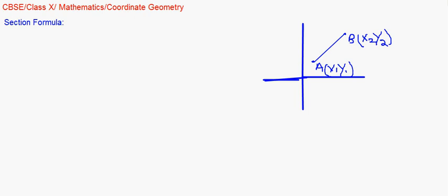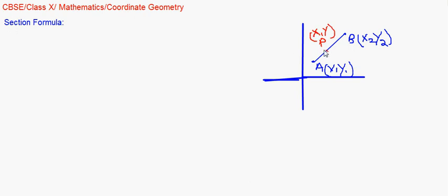There might be circumstances wherein there is a point which lies on the line AB. Maybe I'll name it P and assume it is given by the coordinates x and y.